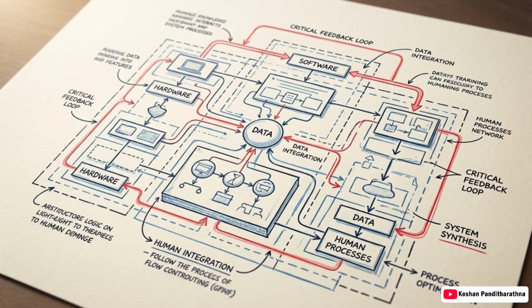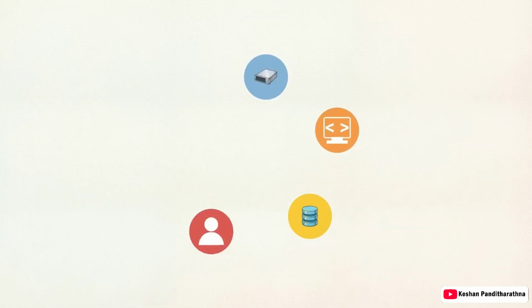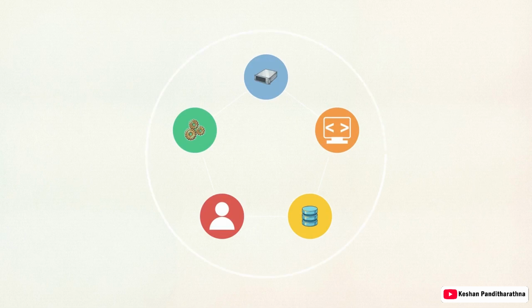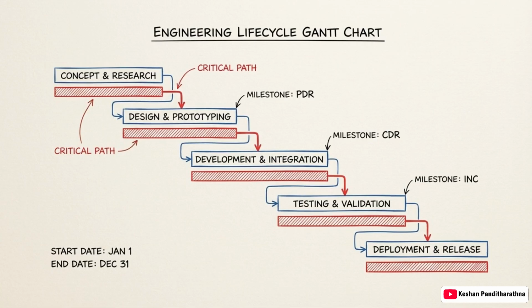A true information system is a precise mechanism combining hardware, software, data, people, and process. It is enclosed by a strictly defined boundary, interacting with its environment through designated inputs and using closed feedback loops to regulate its outputs. And it is methodically designed and built using the rigorous stages of the system development lifecycle.